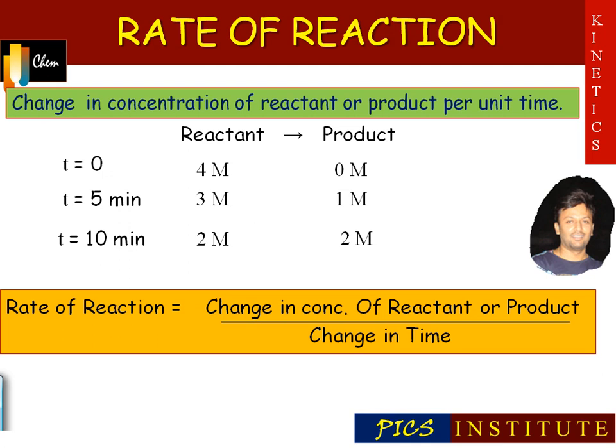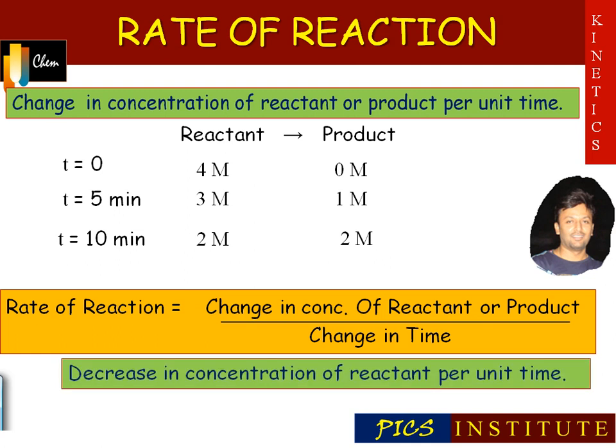As we can see, rate of reaction can be explained in terms of reactant as well as in terms of product. The concentration of reactant decreases with the passage of time, so rate of reaction may be defined as decrease in concentration of reactant per unit time.